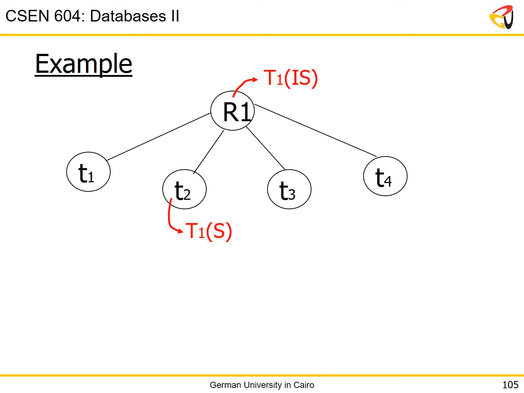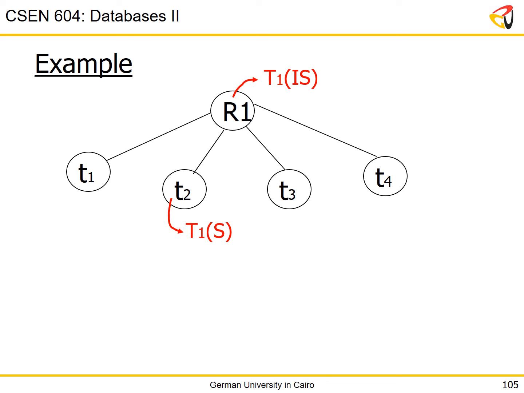If transaction T1 would like to read the row T2, or the tuple T2, it starts from the root. Since it's not interested in the whole relation, only in T2, it will request an intention to share, which means it's saying, I am going to later on request a shared lock.